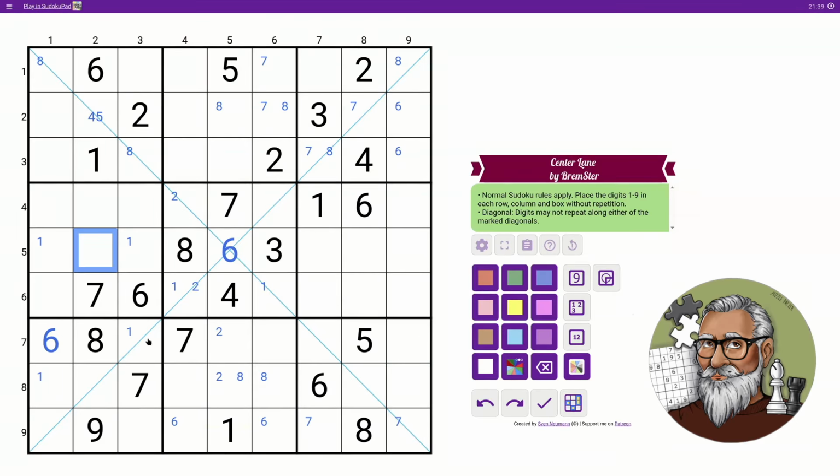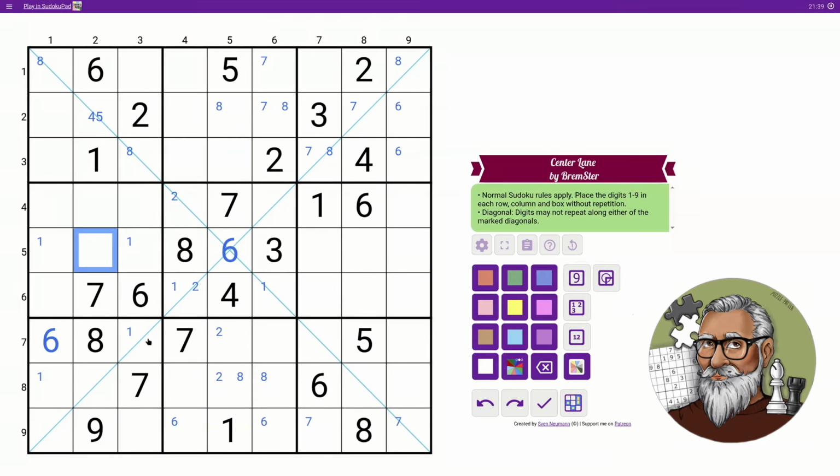what could this be? Hold on. Well, there's the 1 there. And then it could be 2, it could be 3, and it could be 4. Well, that's a lot of options, right?